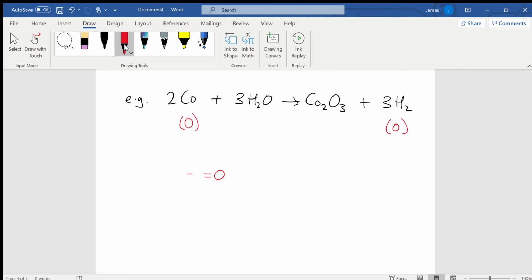And I know that oxygen is much more dominant in terms of electronegativity, for example, or strength, broadly speaking, than hydrogen. Oxygen likes to form a -2 charge. Hydrogen likes to form a +1 charge. So I've got 2 hydrogen and 1 oxygen. So here are my oxidation states: +1 for hydrogen, -2 for oxygen.